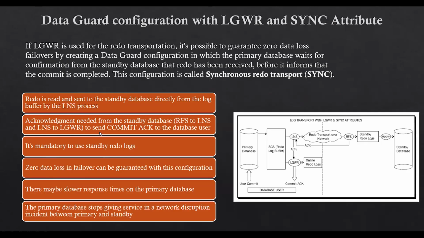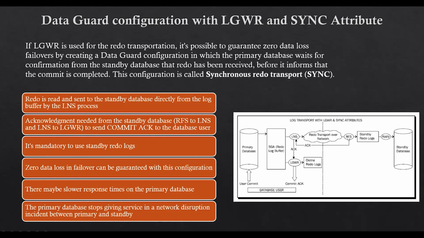Then we have data guard configuration with LGWR and sync attributes. In this diagram we have the primary database and the standby database. From the SGA, using the LNS process, data changes will be transferred over the network.